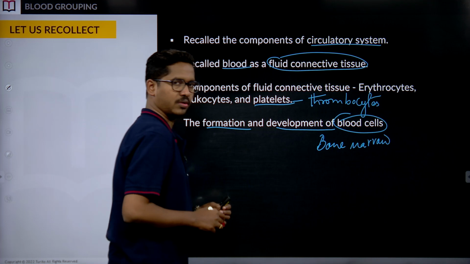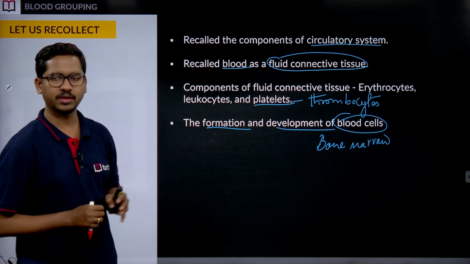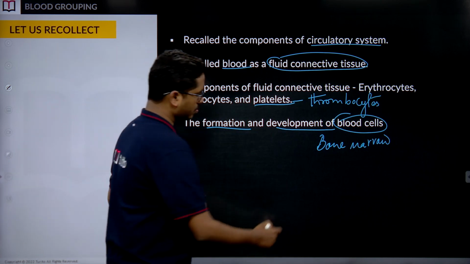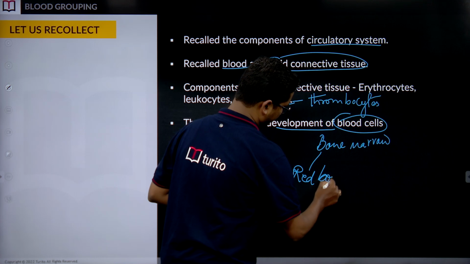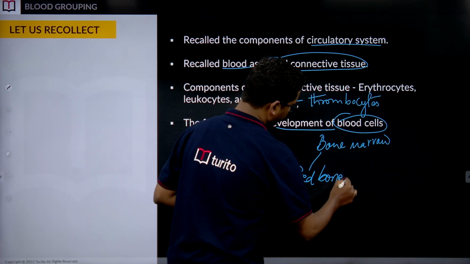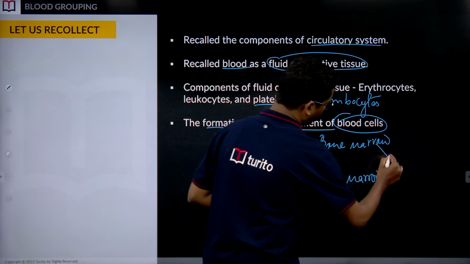Bone marrow. Now in the bone marrow we have two types, right. So that is available in the bone, right. So it is the red bone marrow and yellow bone marrow.